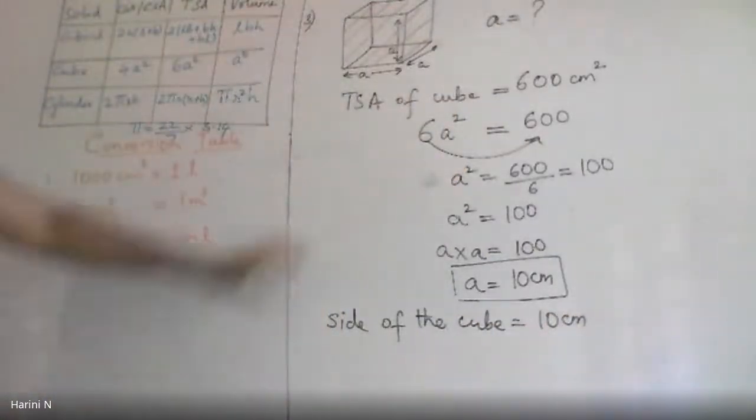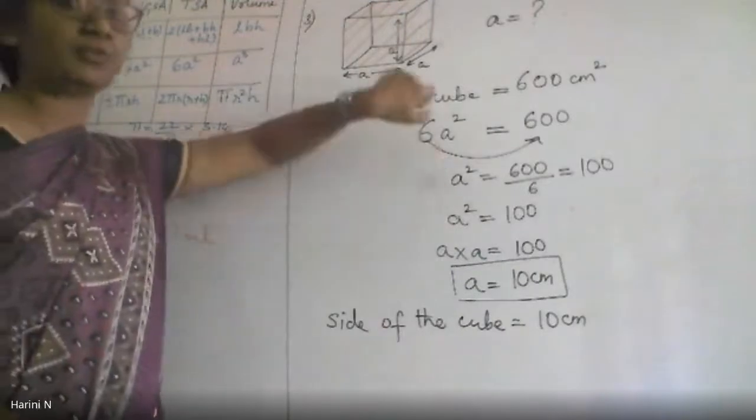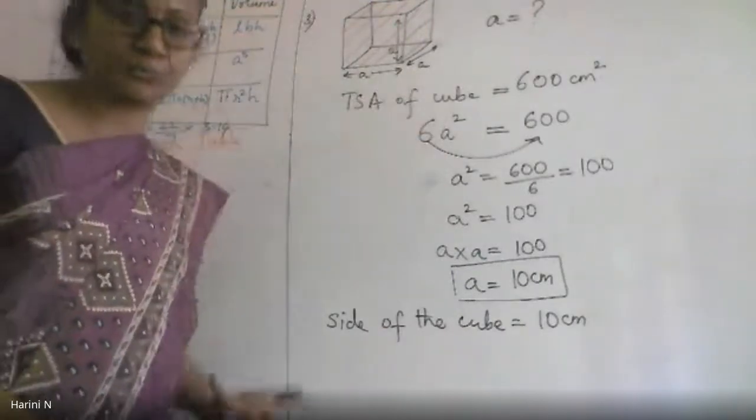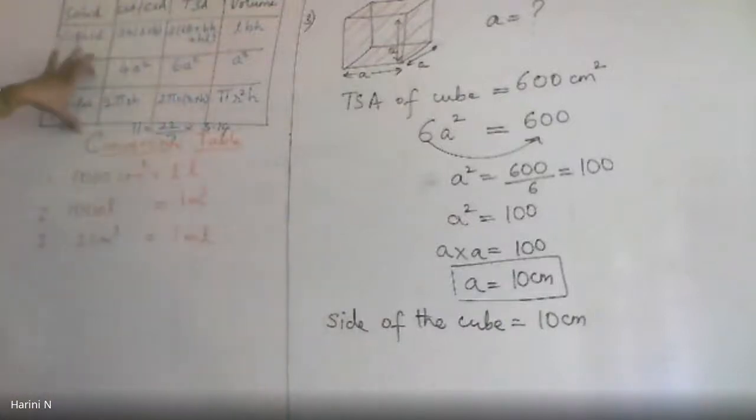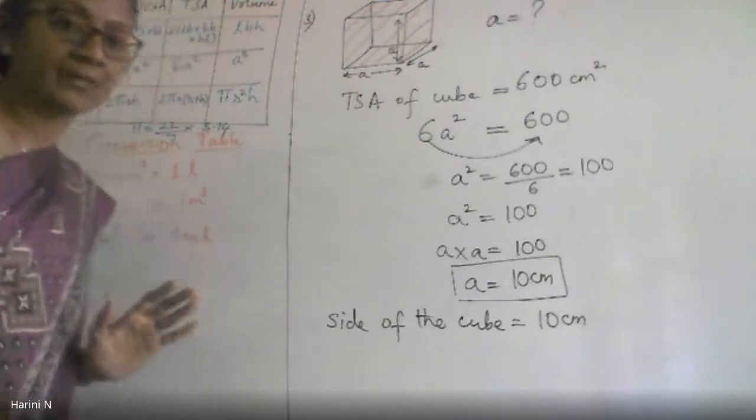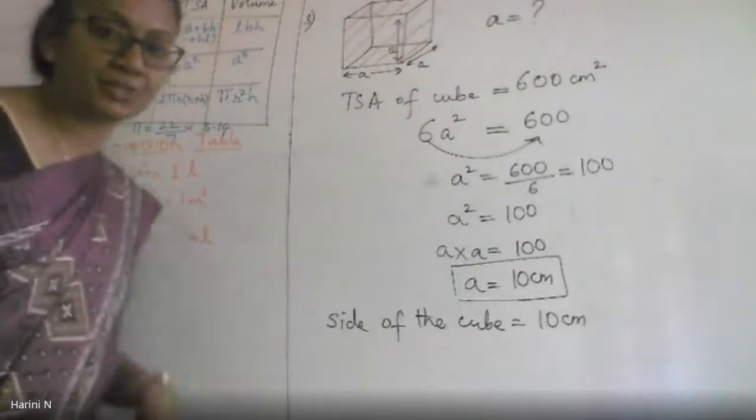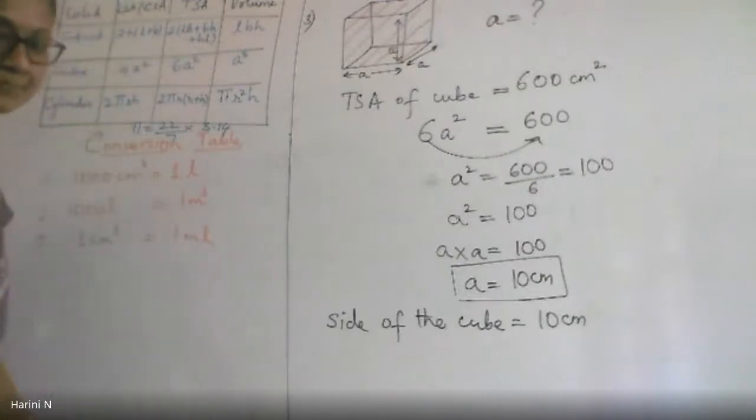As simple as that. It looks simple because I know the formula. If you don't know the formula, then it is a problem. You can't even start with the problem. That's why I'm telling you, focus on this. These 6 formulae you should always know. You cannot afford to forget them at all. And have you seen how many marks I have allocated for mensuration? Yes, ma'am, 11 marks. 11, yes.